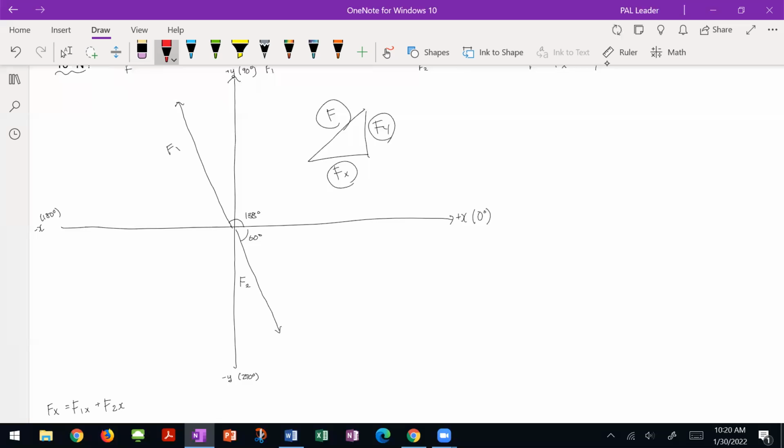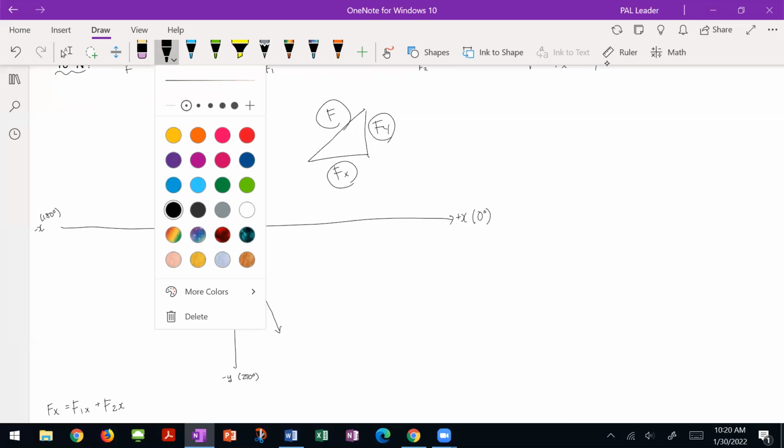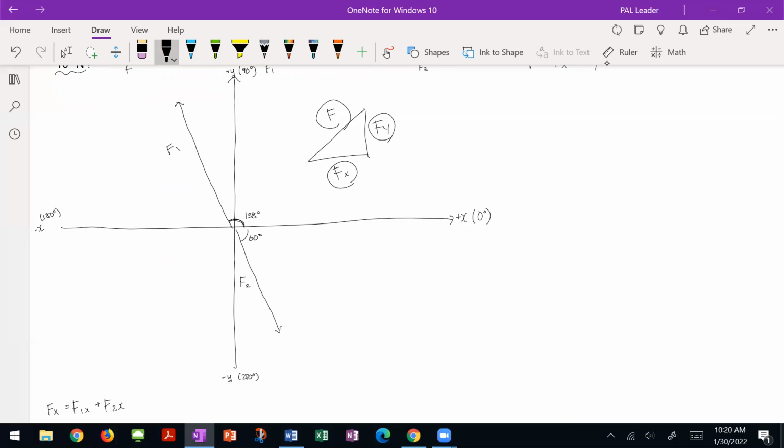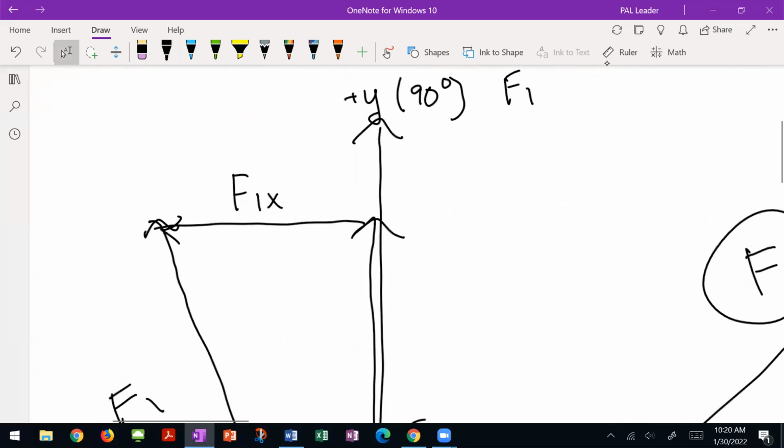So the x component of our F1, since this is, oh, maybe I should talk about the angle first. Yes, this is 138, but we want to make a triangle. When we divide F1 into its y and x component, we get this y right here, and then we get the Fx, F1x right here, right? This would be F1x, F1y, but be careful because I seem to always forget it.